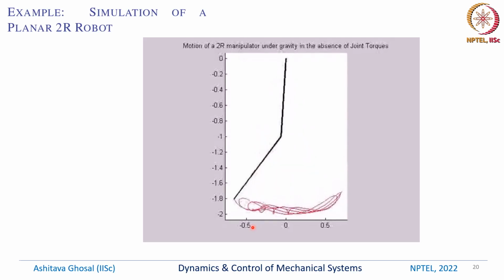Okay, so as you can see, the motion of the tip is quite complicated. It is not like a simple arc of a circle. It is going forward and doing all kinds of loops and then it is coming down.